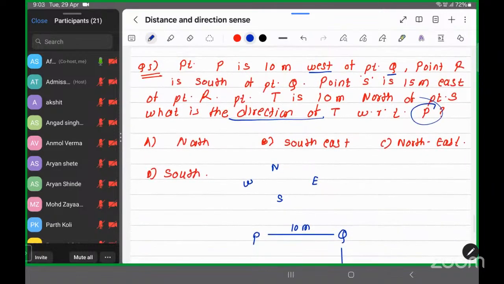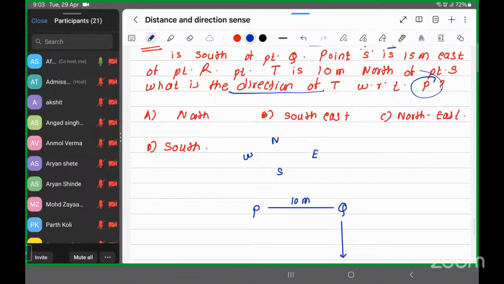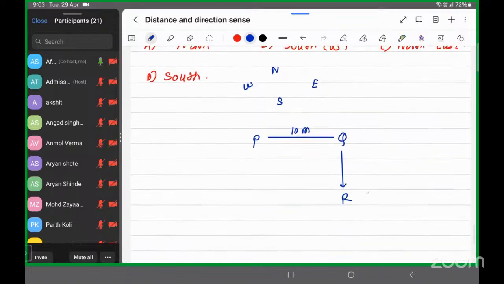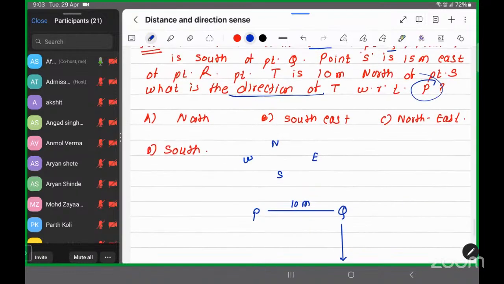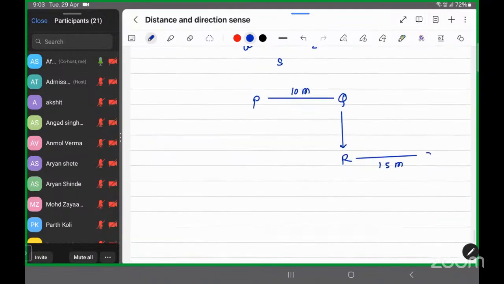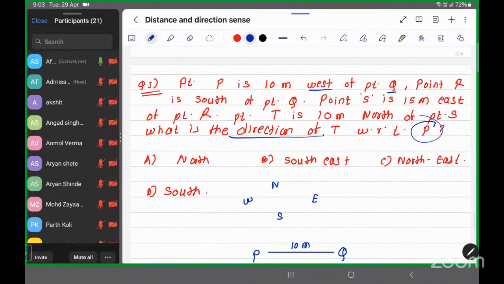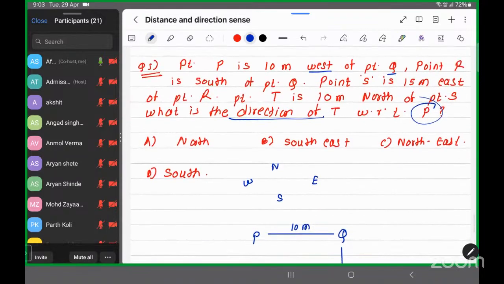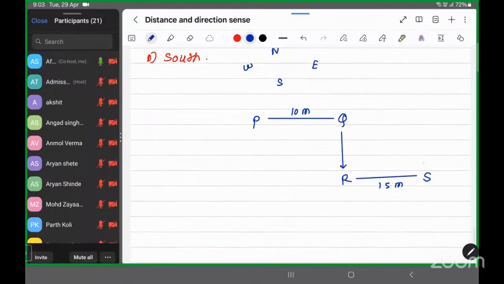Okay. And point S is 15 meter east of R. So it is 15 meter and east. This is point S. After that, point T is 10 meter north of point S. This is 10 meter, na.